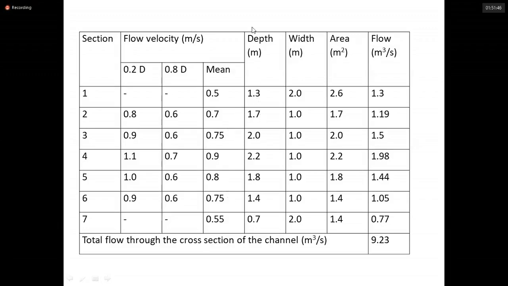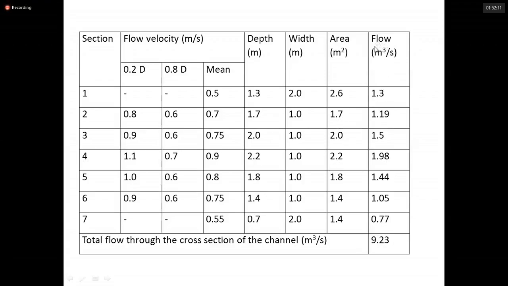Then depth you already know, width you already know. And how to calculate the area? Depth and width. 1.3 into 2 meter is 2.6 meter square. 1.7 into 1 meter, 1.7 meter square. Likewise, you have to calculate the area values.